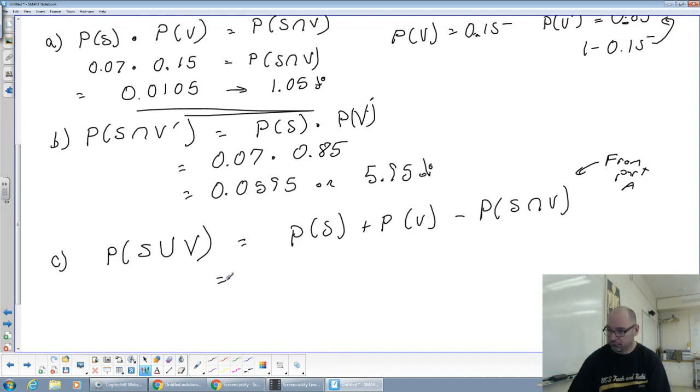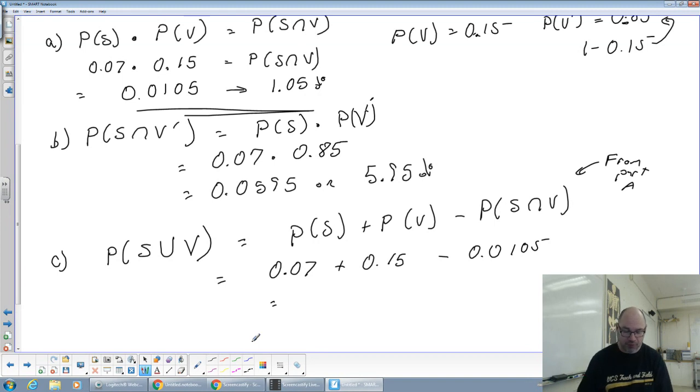So this is going to be, in our case, 0.07 plus 0.15 minus 0.0105. Okay, take our calculator out and crunch those up. 0.07 plus 0.15 minus 0.0105.